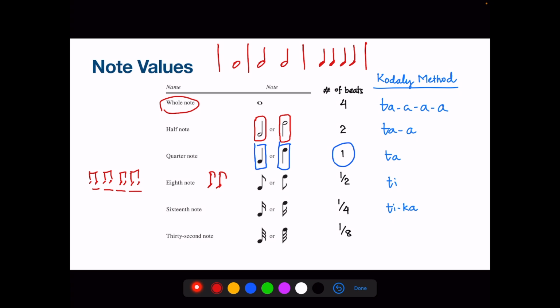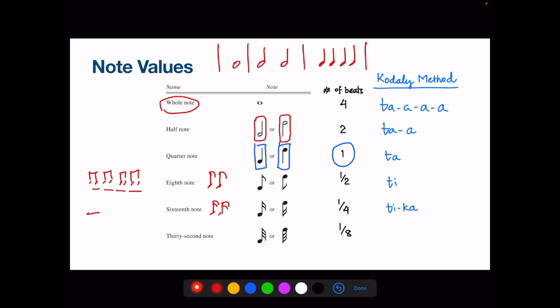All right, so moving down, we have what's called 16th notes. And 16th notes kind of look like eighth notes. It's just that it has two flags rather than just one. Okay, and as you can guess by now, a 16th note is basically just half of an eighth note.